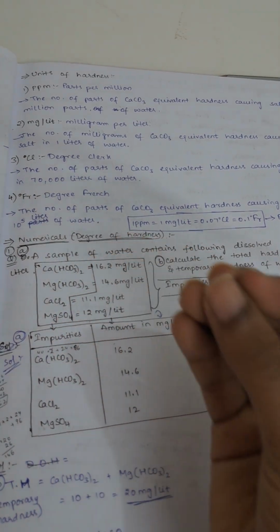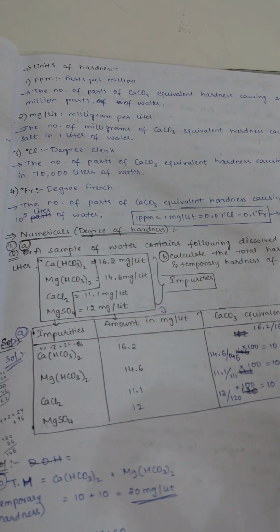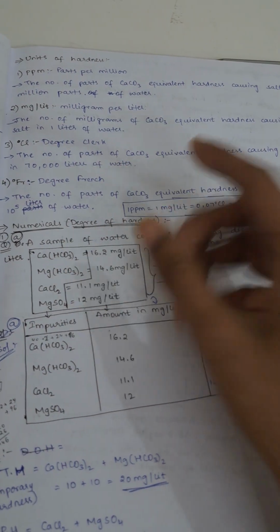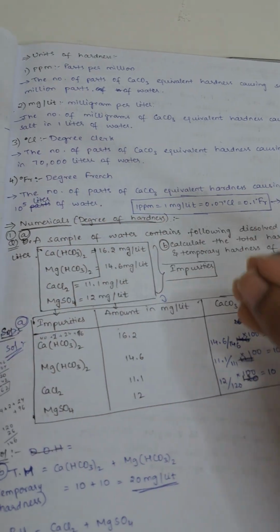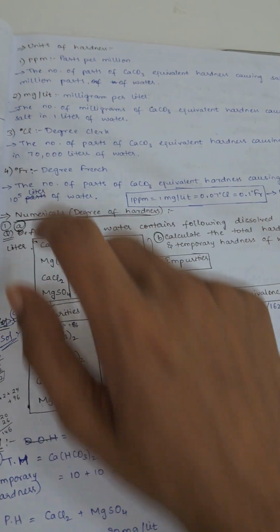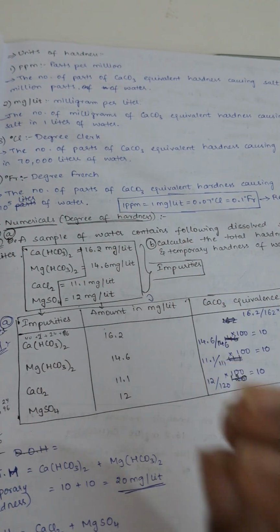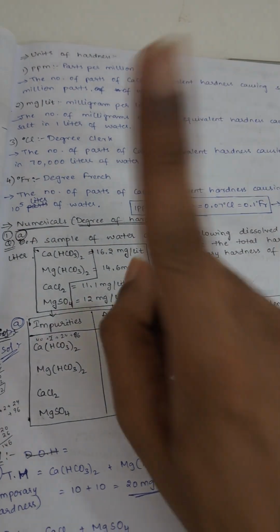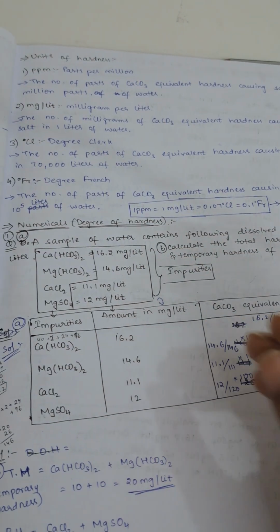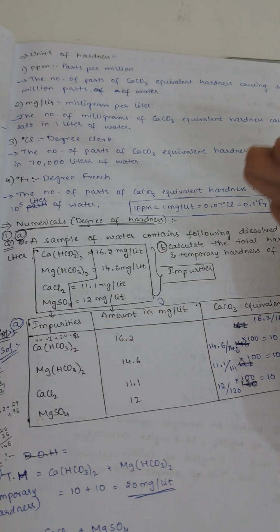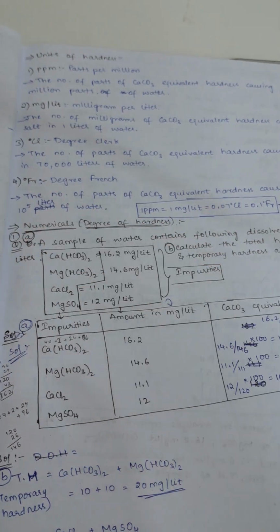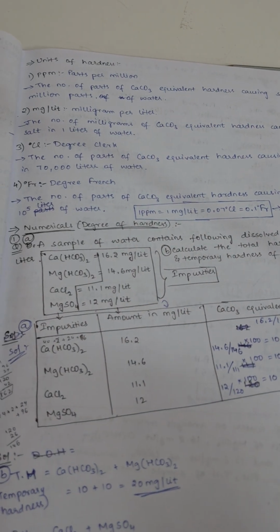So the number of parts of CaCO3 in 70,000 liters of water is degree Clark, the number of milligrams of CaCO3 in 1 liter of water is mg per liter, and the number of parts of CaCO3 in million parts of water is ppm. That's it. These are units of hardness. Thank you.